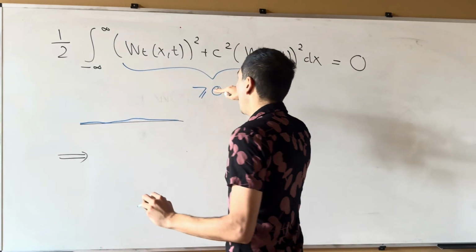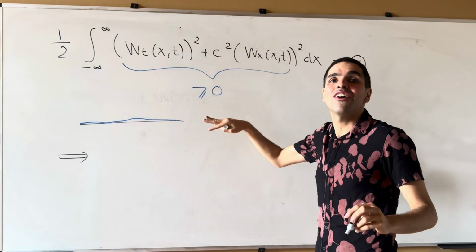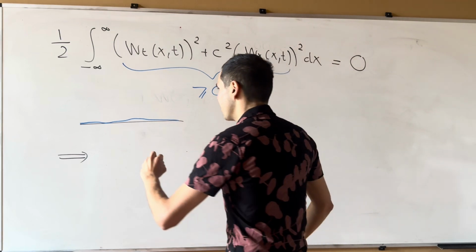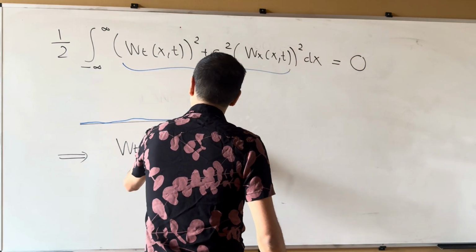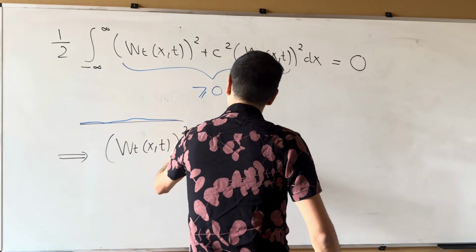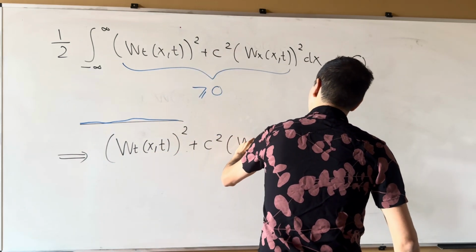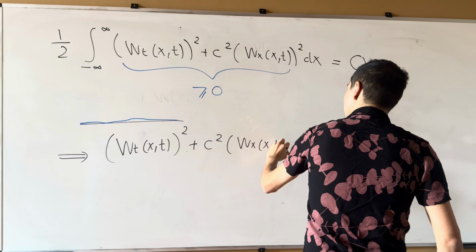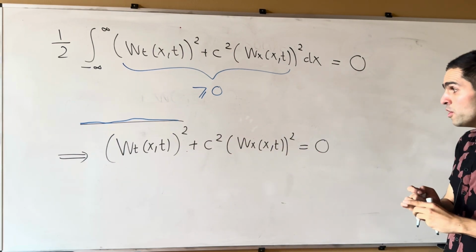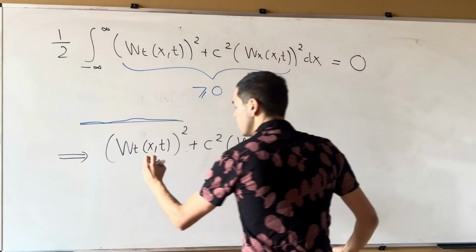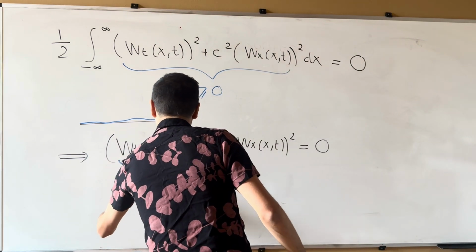So once again, a positive function with a 0 area is 0. And therefore what we get, w_t(x,t) squared plus c squared w_x(x,t) squared is 0. And even more than that, notice this is just a sum of squares.